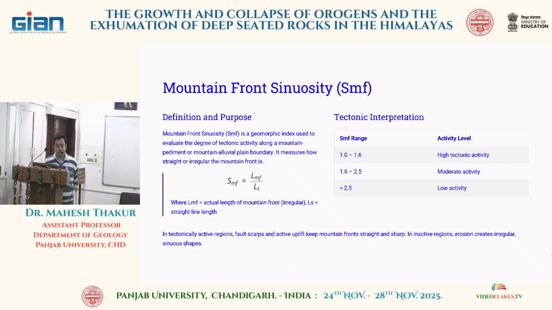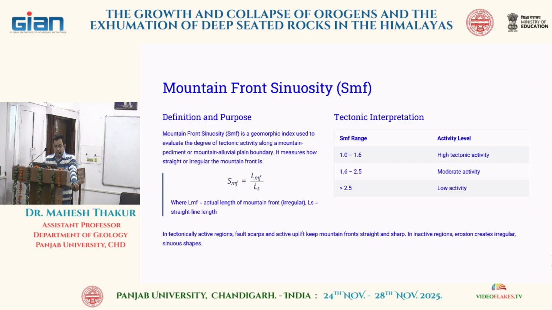It measures how straight or irregular the mountain front is. So this is the mountain front sinuosity, Smf = Lmf / Ls, where Lmf is the actual length of the irregular mountain front, and Ls represents the straight line length.